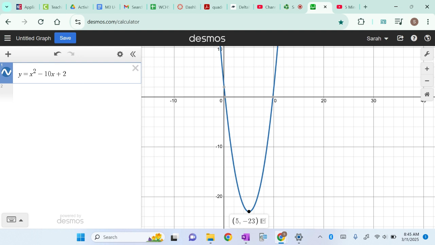All right, so let's go with Taylor. Was the vertex the highest or lowest point on the graph in this case? So did it look like a U or did it look like an upside down U when you graphed it?